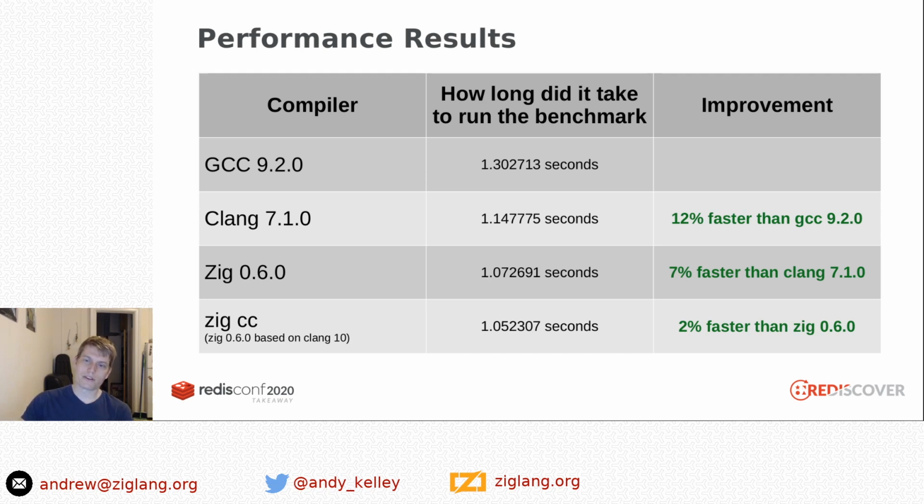The reason zigcc is so fast is that Zig is a cross compiler. Zig has a very good understanding of what target you are trying to build your code for. So in this case, GCC and Clang have defaults that are some kind of weird mix between cross-compiling and native compiling, whereas Zig is very explicit.